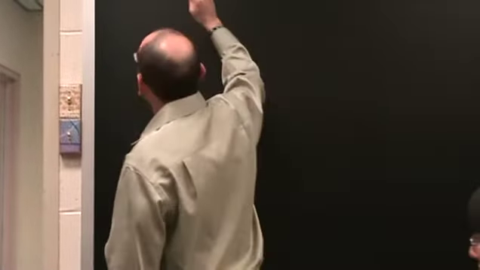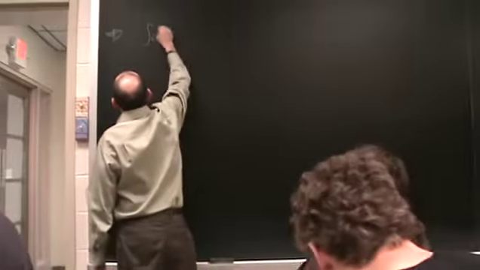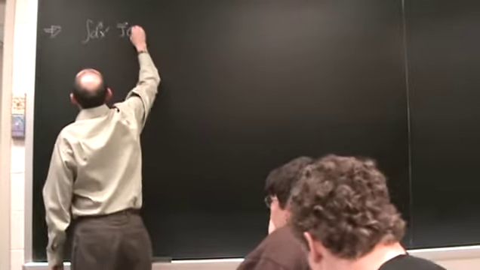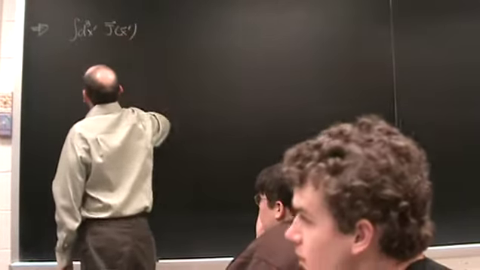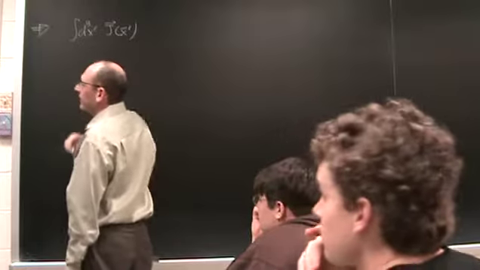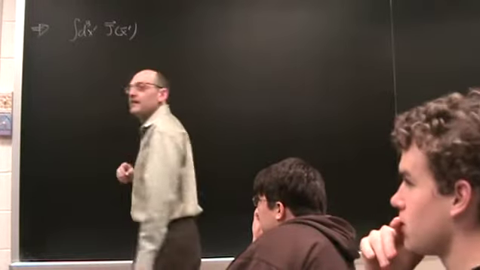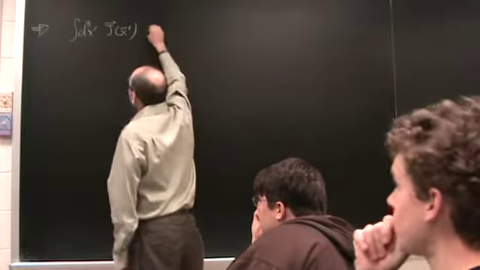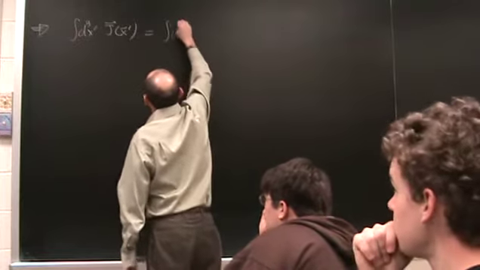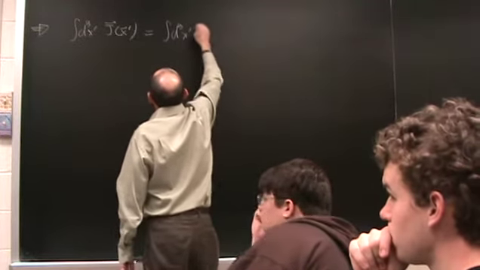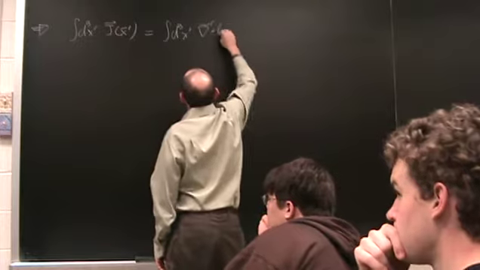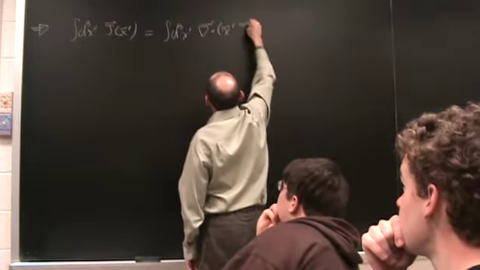the integral over all space of the current density, which is the thing that comes into the magnetic monopole, is equal to the integral over all space of the divergence of the tensor x prime j.